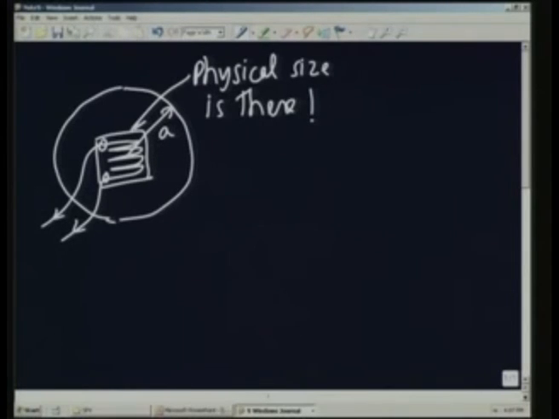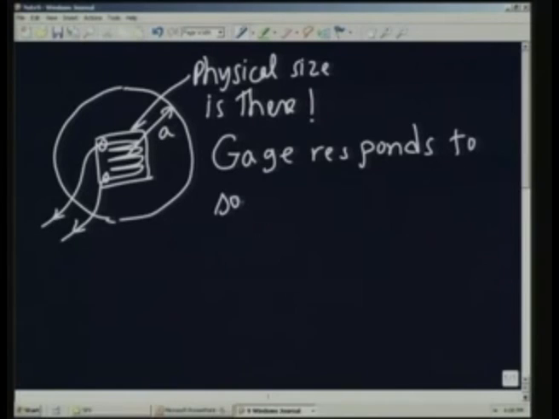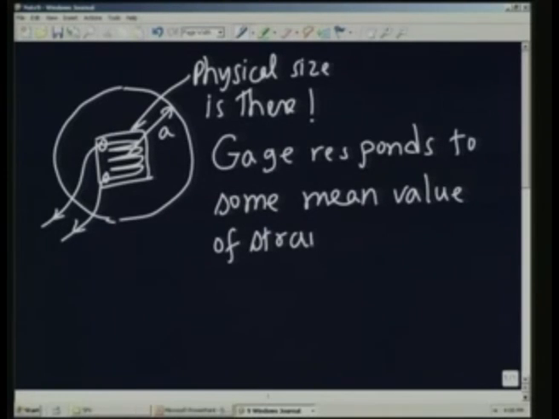Okay. So, we can say that the gauge responds to some mean value. It is not the maximum deflection, it is the mean value of the strain over its own area.